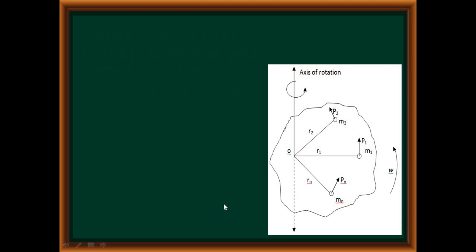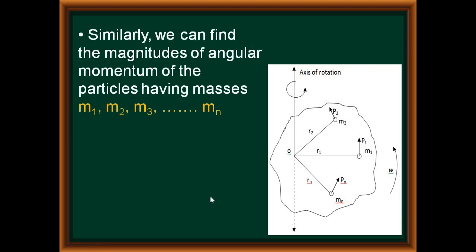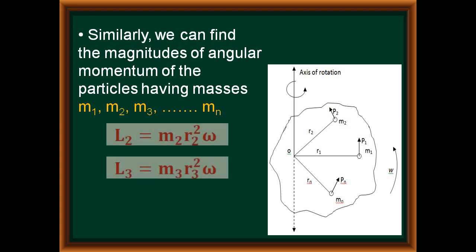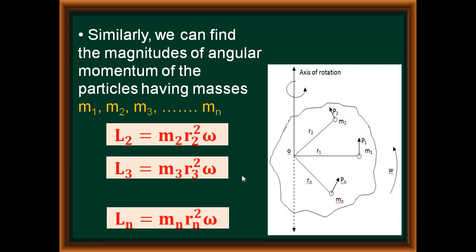Similarly, we can find the magnitudes of the angular momentum for the particles having masses m2, m3, mn. The values of the angular momentums will be L2 equal to m2 r2 square into omega. For L3 we can write m3 r3 square into omega, and finally for the nth particle having mass mn, it will be Ln equal to mn rn square omega.